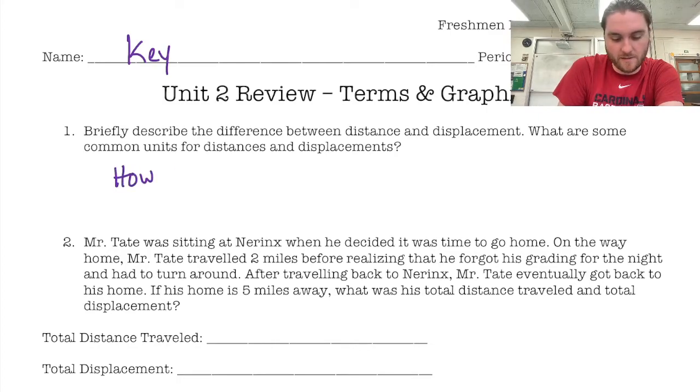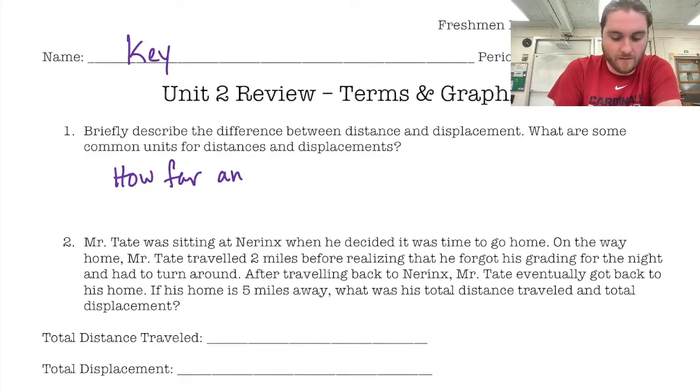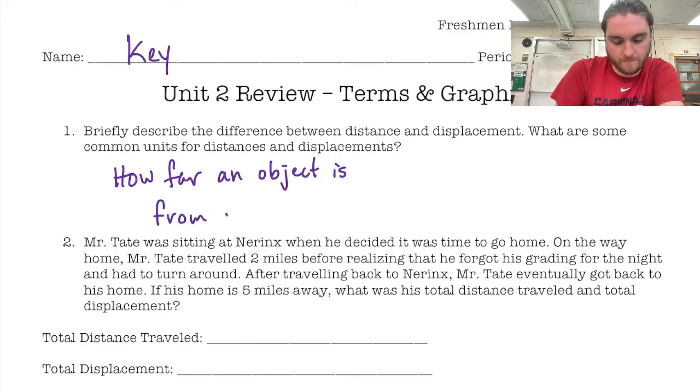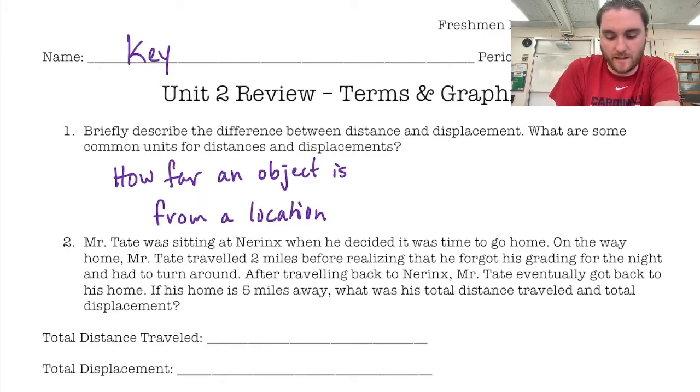Both distance and displacement measure how far an object is or how far it has traveled, how far an object is from a location. The main important point is that displacement, which we denote with a delta x in physics, has a direction associated with it.